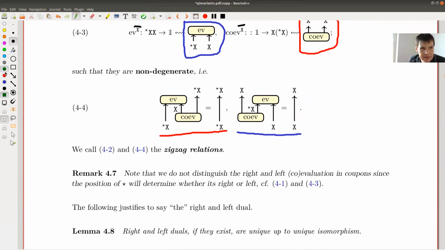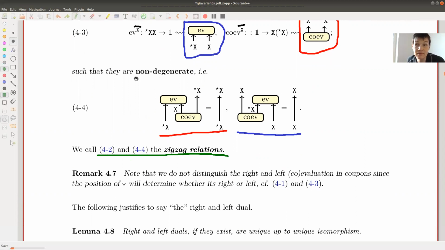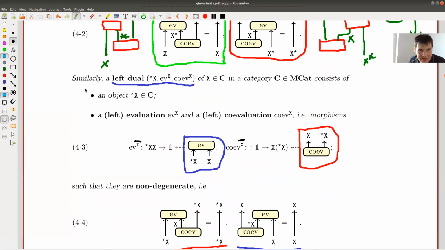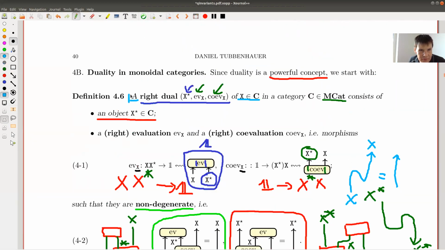I will call those two relations the zigzag relations, for a reason we will see later, when I get rid, as I said, of the ambiguity of left and right. Here I say it really is a left dual, and I say it's a right dual.